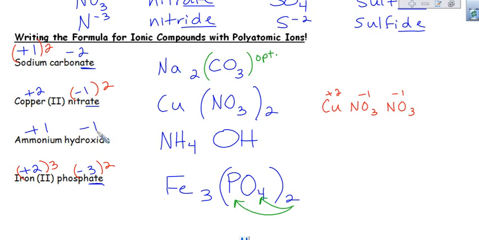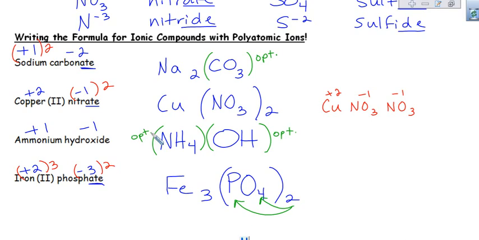This is neutral right away. Ammonium hydroxide. It's a very common compound, and we will use it in the lab. It's a base. +1, -1, it's neutral as is. So again, if you wanted to, you could put parentheses, but they would be optional. Both would be optional, because you only need one group of each.